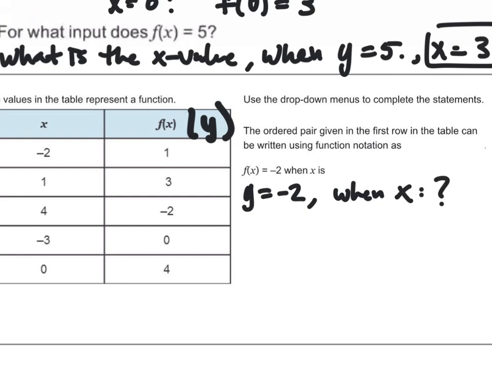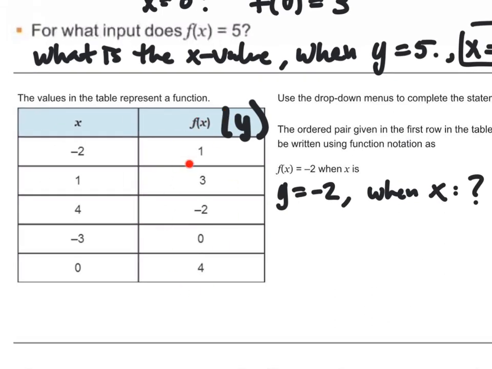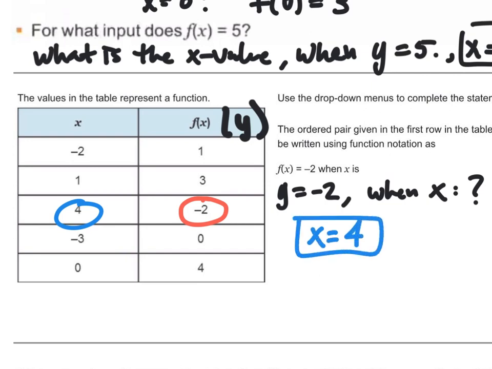So I look at my function value table and I notice that I have a negative 2 right here. And then what's the corresponding x value when that happens? It's 4. So x is equal to 4.